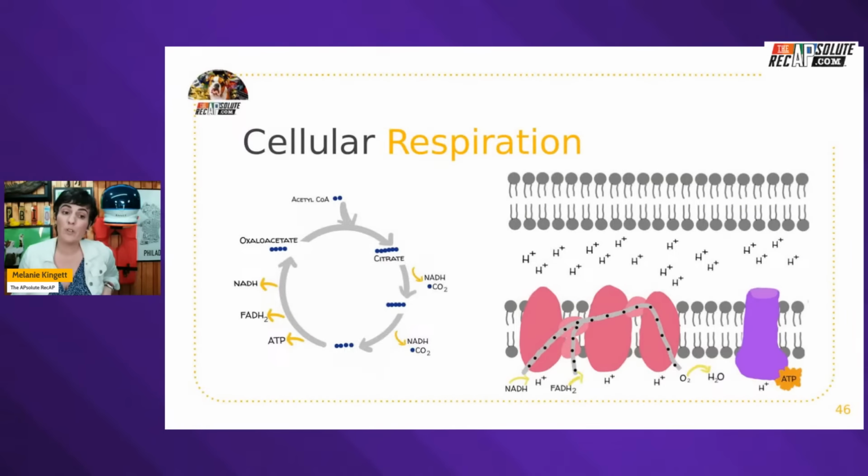The movement of those electrons actively pumps across hydrogen, similar to how we saw in photosynthesis. We build up an electrochemical gradient, and they flow back through ATP synthase. So all of those kind of big picture concepts still play out in cellular respiration. As ATP synthase has the hydrogen ions moving through, we are going to assist in the formation of ATP.